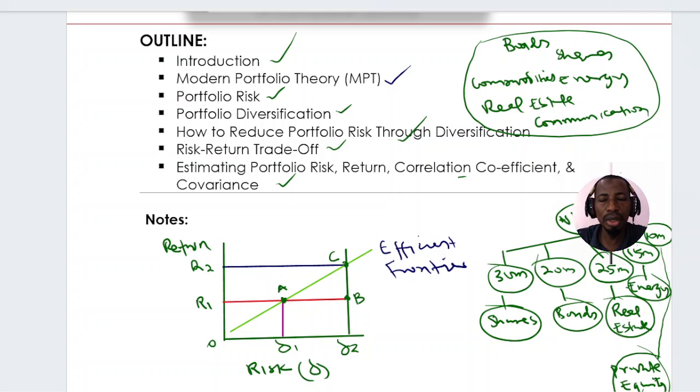For example, you need to research the indifference curve, security market line, capital allocation line, and capital market line. All these four items are good for you to have knowledge of, because you don't know where the examiner will come at you, especially for those of you preparing for professional exams.